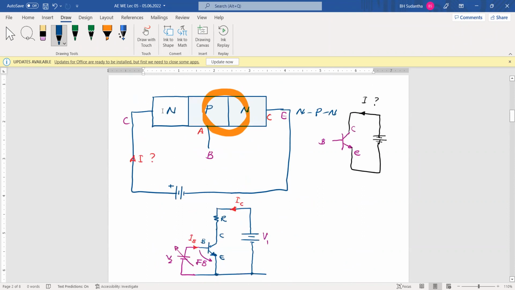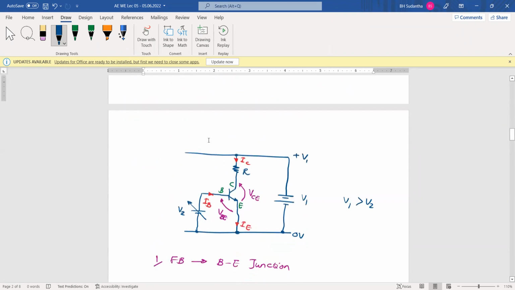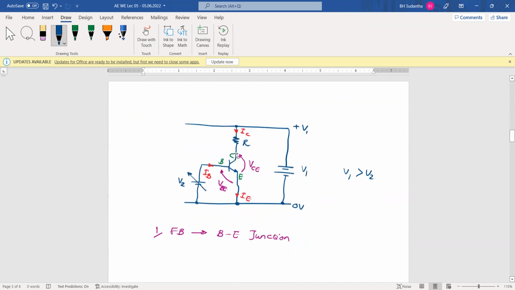The collector terminal is N-type semiconductor. The base terminal is P-type semiconductor. Then when you provide higher voltage at the collector than at the base, what will happen? According to the setup, we reverse bias the base to collector junction.